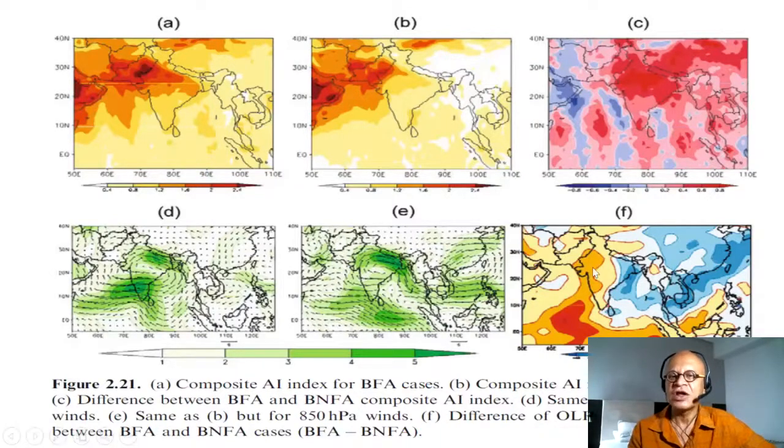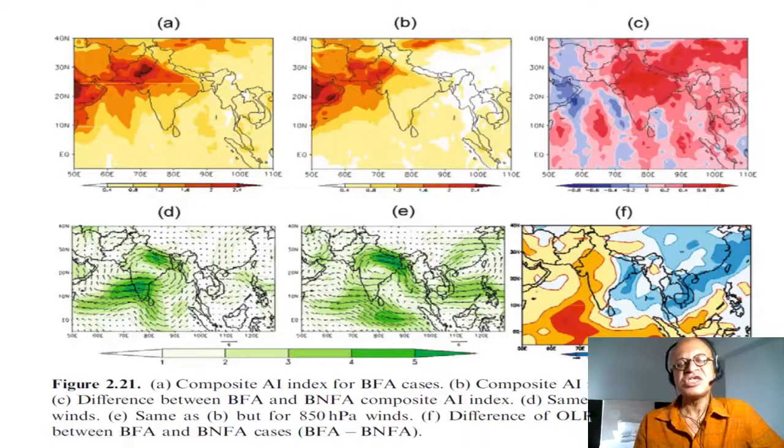And this is the OLR difference, and you can see the difference in OLR composites between BFA, breaks followed by active periods, and BNFA, breaks not followed by active periods, is positive, which means you have created this contrast of convection and rainfall.